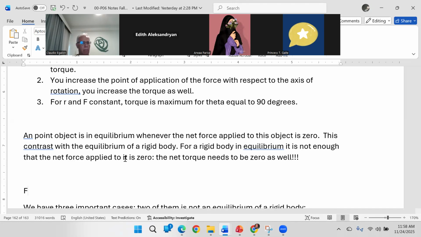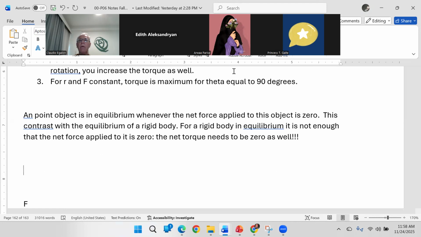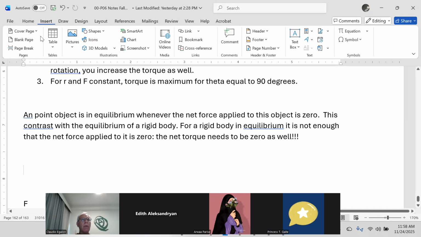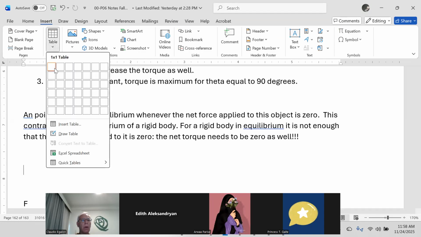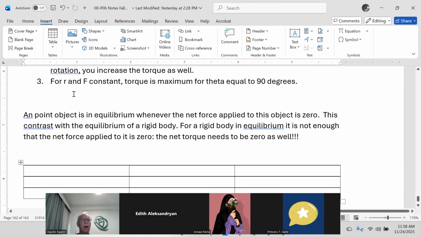let's put a table so you can understand better. Tables are very good to help you grasp important information. Insert table: equilibrium, non-equilibrium, point particle, rigid body.